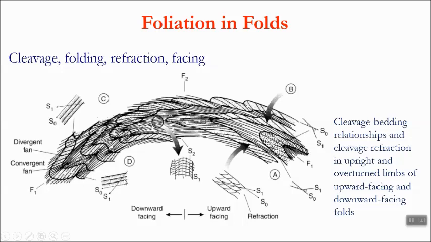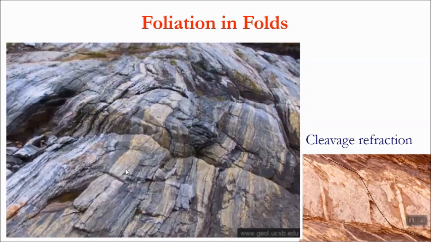So if we can identify which is the bedding and which is the S1 foliation, or if we can identify any kind of S2 foliation in the rock, we can get the entire folding pattern of the rocks in that region. This is a simple example of how this kind of folding is seen in some rocks in Chitradurga.